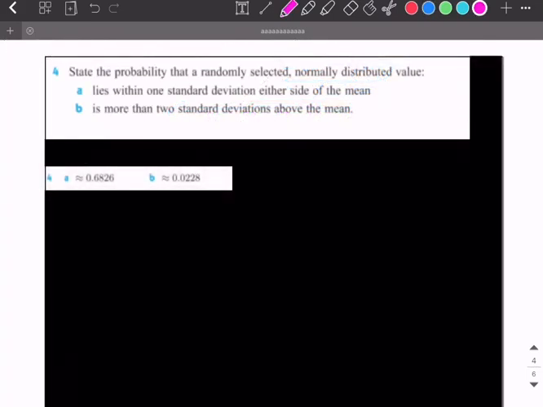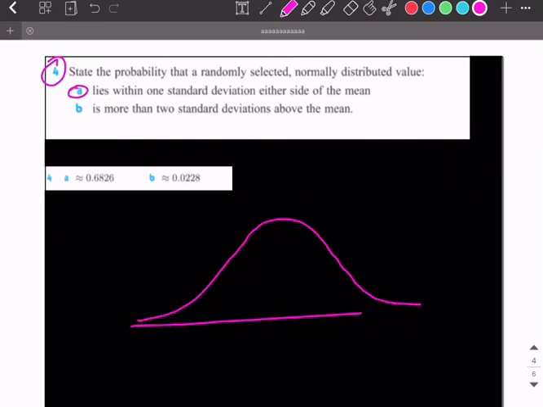Now, for the next problem, number 4, it says state the probability that a randomly selected normally distributed value lies within one standard deviation either side of the mean. Okay, so we have kind of done that. Get your nice graph here.